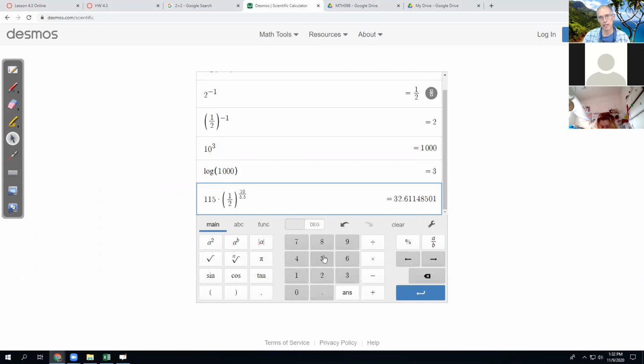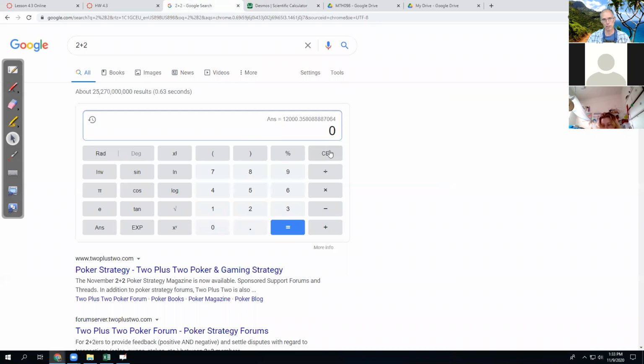And when I enter it into my calculator, I want to make sure that whole fraction is in the power. And Desmos is telling me with those numbers, it should be 32.6 roughly. So please make sure that you can make your calculator come up with the same number, that you got parentheses in the right spot. So I'm going to double check this in my Google calculator where parentheses are going to be needed more.